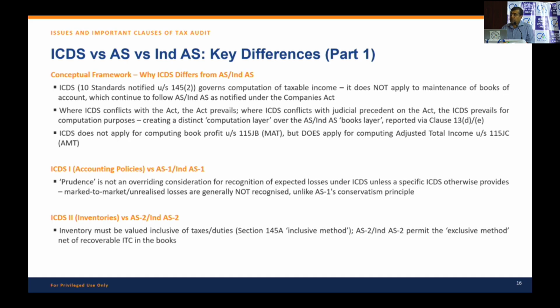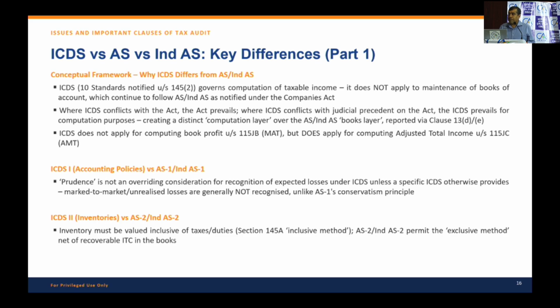Now the corresponding AS is AS 1, which talks of prudence, which talks of how you should generally do mark to market, following a conservative approach. But ICDS 1 does not follow this principle, meaning all mark to market, all conservative approach losses which you would have provided, if any, will get disallowed or may not be allowed.